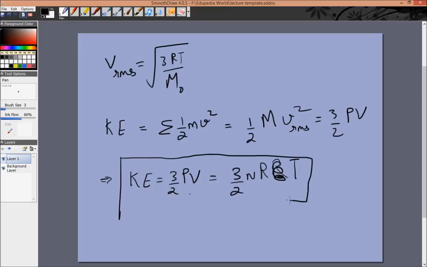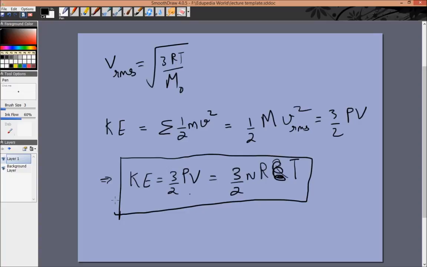This result was the first major success of kinetic theory of gases, because it quantitatively shows us the total kinetic energy of a particular gas. That means the sum of the individual kinetic energies of every molecule is linearly proportional to the temperature. If you double the temperature, again, just a reminder, every time we say temperature, we're talking about Kelvin because that is the standard unit.